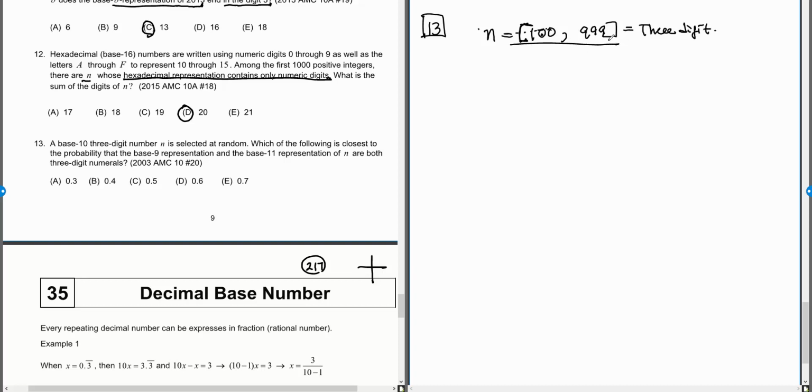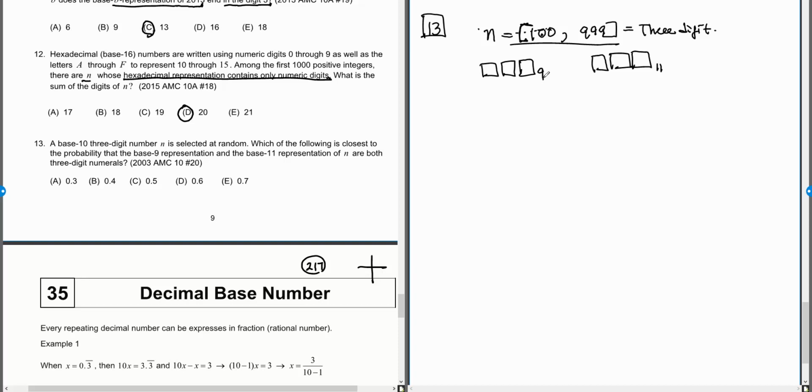When you change into base 9 and base 11, both should be 3-digit numbers. So these numbers in base 9 are 3-digit numbers, and the other numbers in base 11 are also 3-digit numbers. So we're going to find how many numbers are possible that are 3-digit in base 9 and 11.